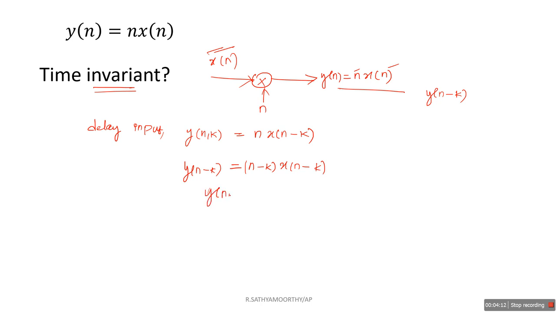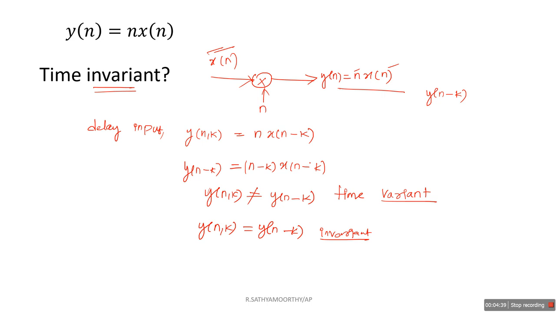Now y of n comma k is not equal to y of n minus k. Therefore the system is time variant. If both y of n comma k equal y of n minus k, in that case we say the system is time invariant. The condition is simple.